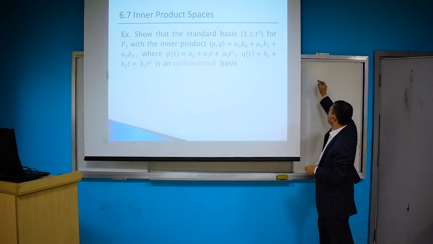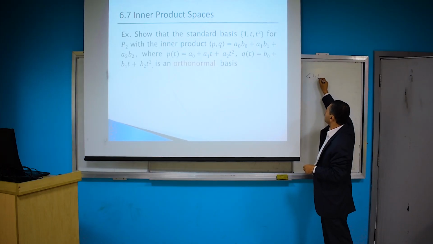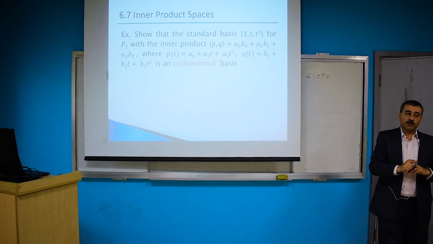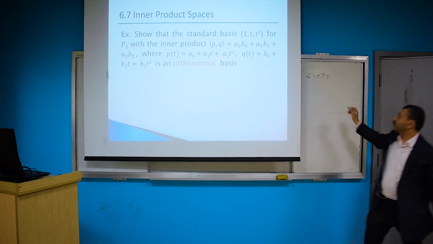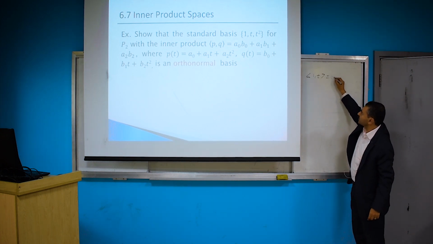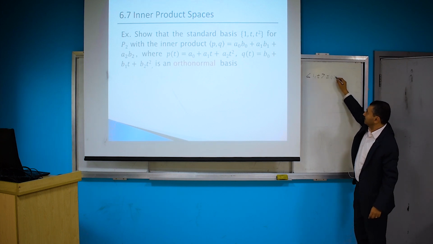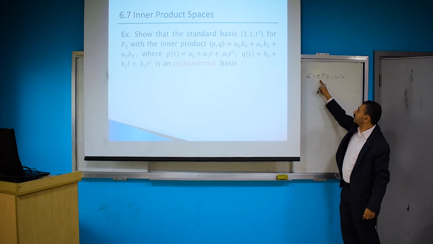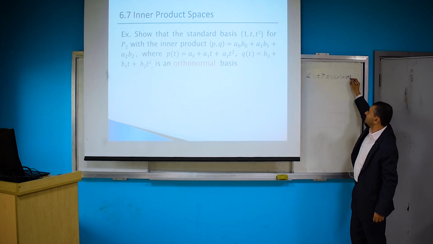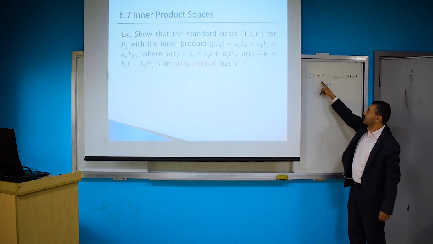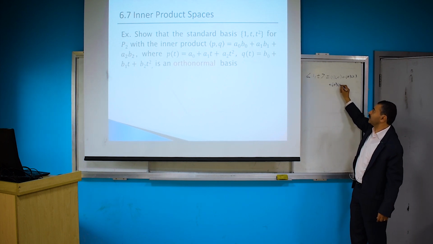If I want to check orthogonality between 1 and t, according to the inner product, you take the constant term multiplied by the constant term. So you multiply 1 by 0, plus the coefficient of t by the coefficient of t, which is 0 times 1, plus the coefficient of t squared here times the coefficient of t squared here.